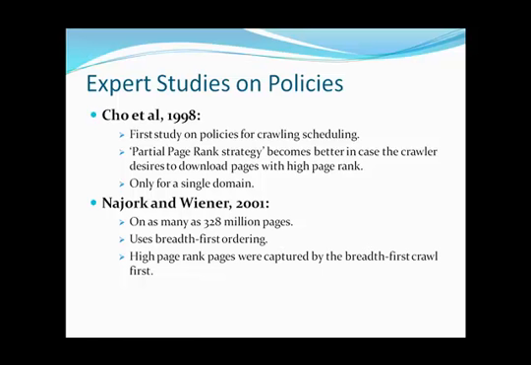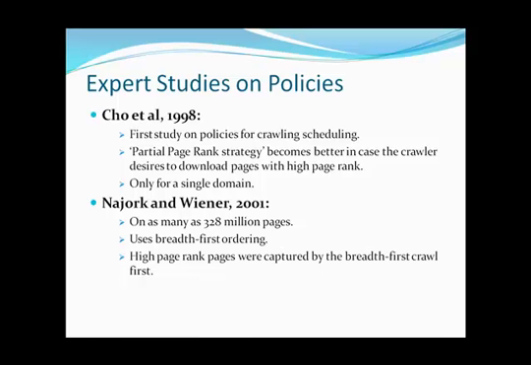The ordering metrics tested were breadth-first, backlink count and partial PageRank calculations. One of the conclusions was that if the crawler wants to download pages with high PageRank early during the crawling process, then the partial PageRank strategy is the better, followed by breadth-first and backlink count.